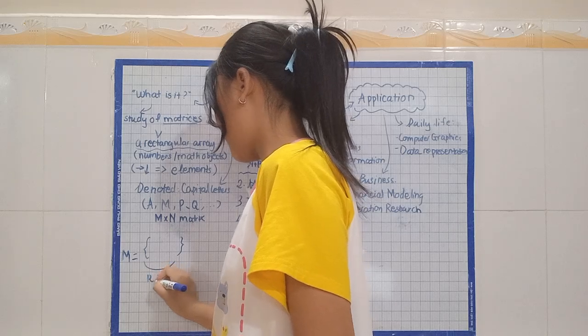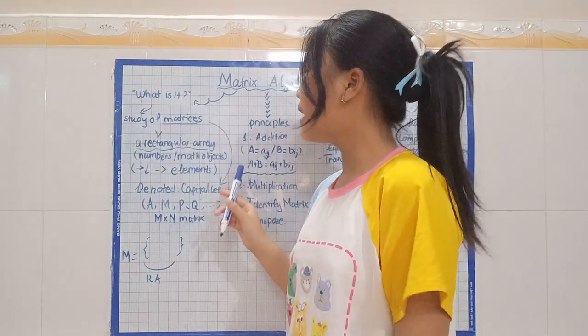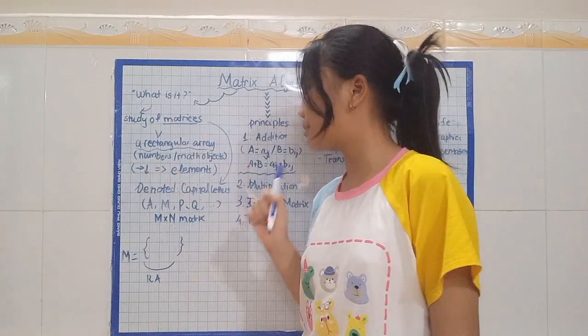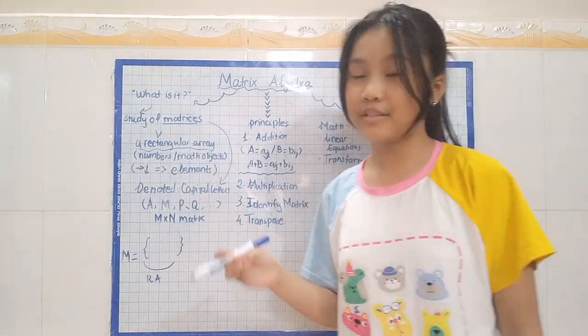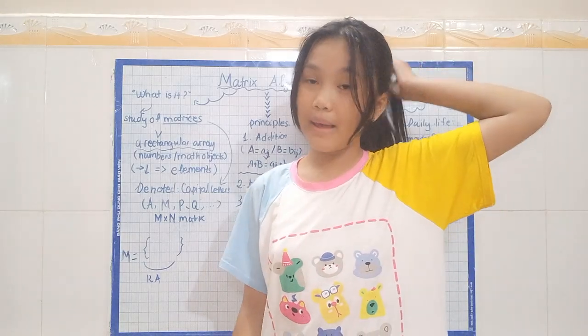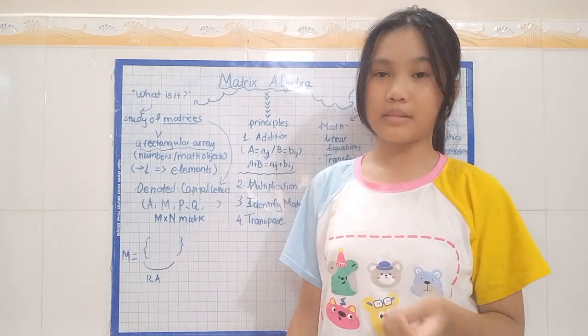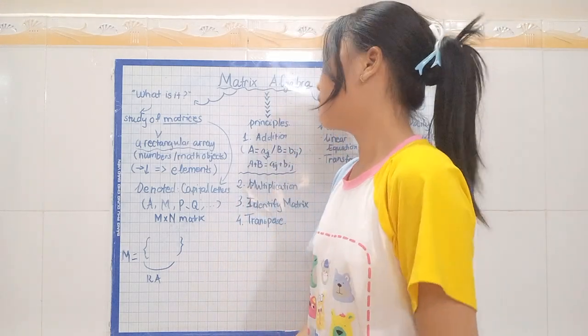I'm going to write them as RA. Inside these rectangular arrays are numbers and mathematical objects, such as different arithmetic problems, and that's it.